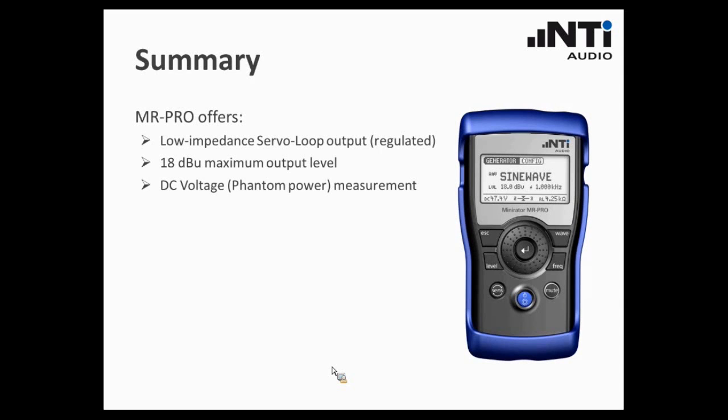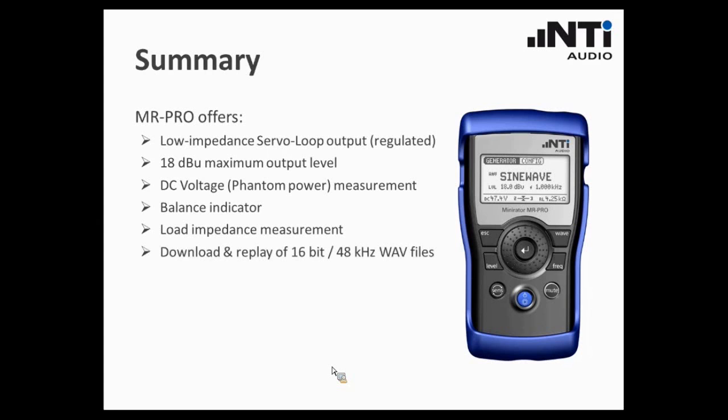The device automatically measures the DC voltage, the phantom power, for instance, that is connected. We have a balance indicator for the load impedance symmetry. We measure the load impedance in detail so that you even get this information. And you are able to download and replay your own WAV files, supposed that they are defined in the correct format.